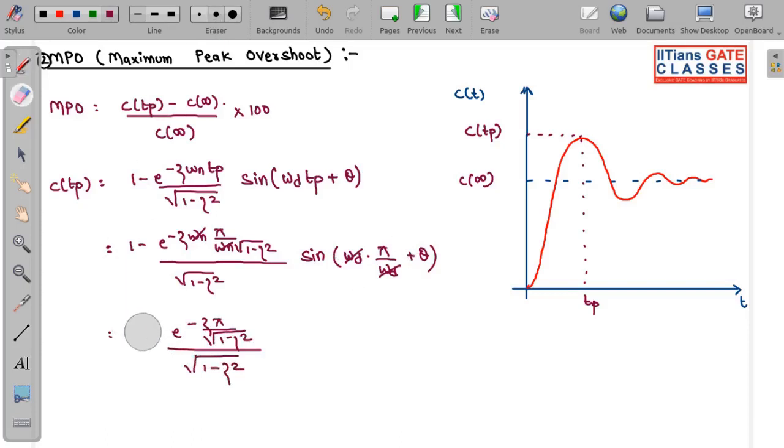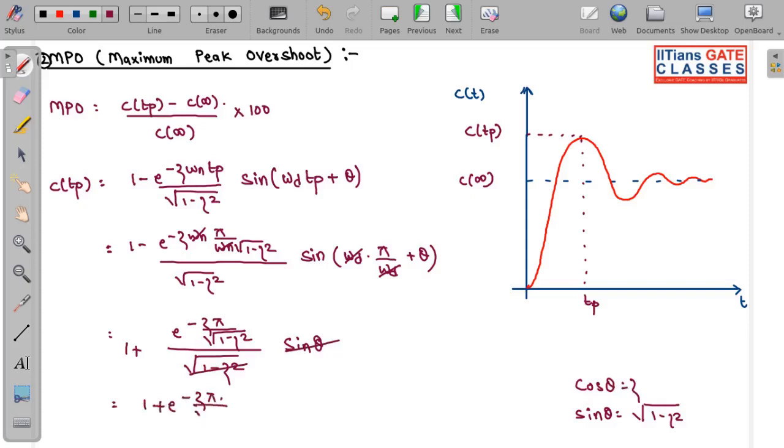So this will become 1 plus sine theta, and I have already told you that if cos theta is equal to zeta, then sine theta will be equal to under root of 1 minus zeta square. So this will cancel out. So your peak value is 1 plus e to the power minus zeta pi divided by under root of 1 minus zeta square.